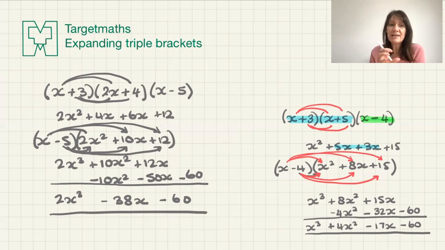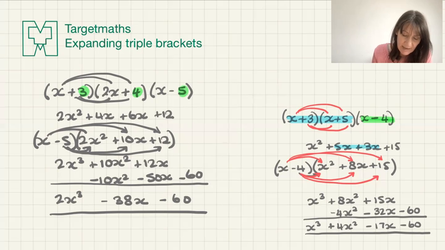Okay, so the little detail that's really, really worth knowing is, and I'm going to use the highlighter on the one I've just recently done, if I can get my thing to work. There we go. I've got the number 3 at the end of that bracket. I've got the number 4 at the end of that bracket, and I've got the number 5 at the end of that bracket.